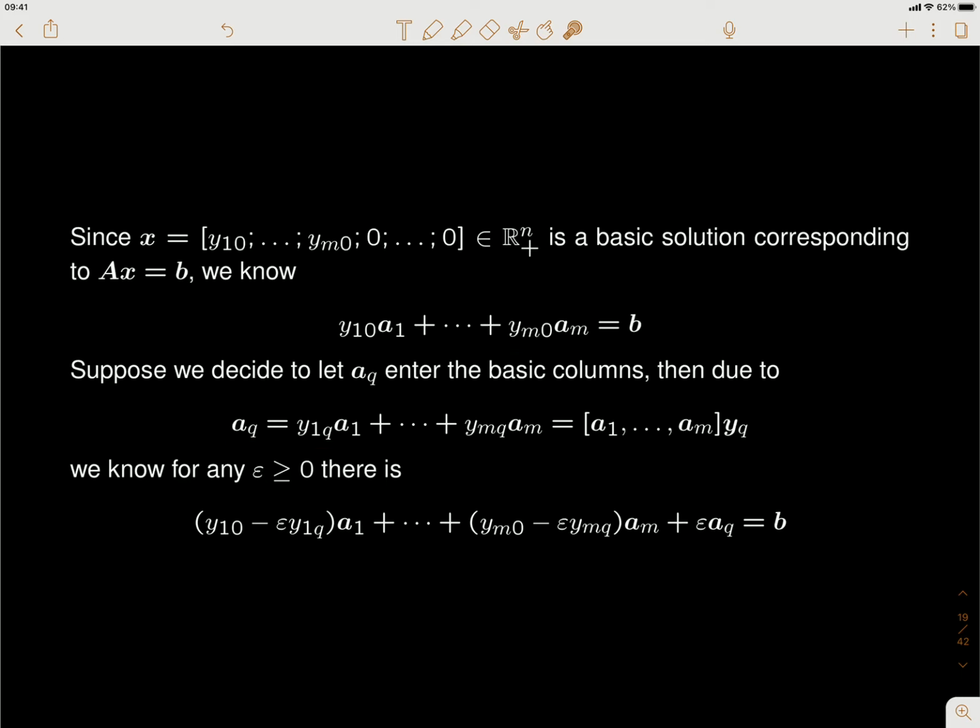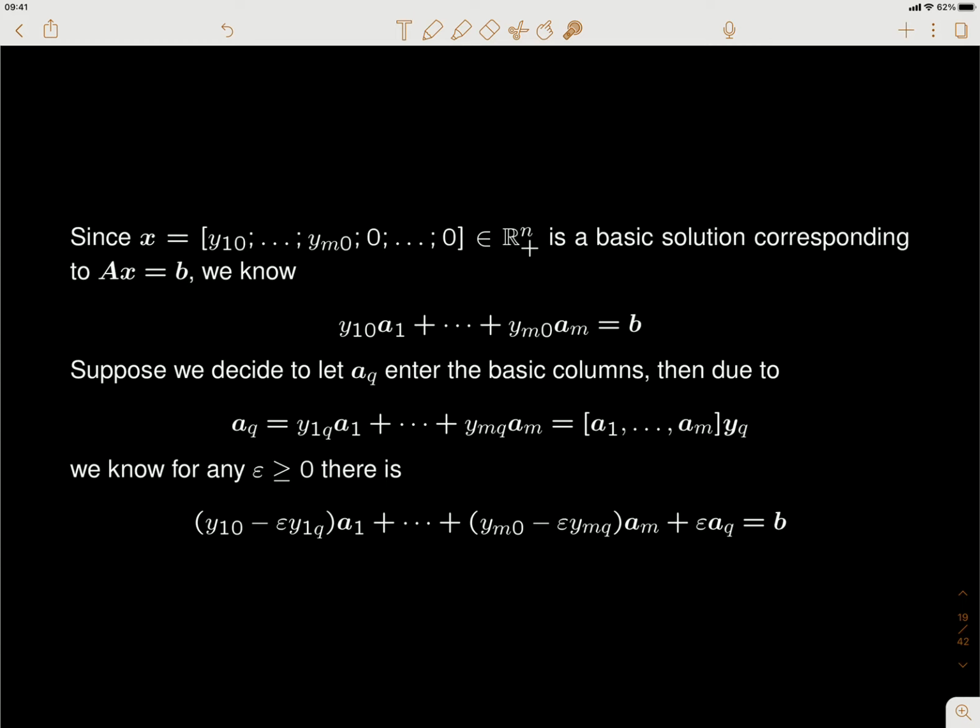So what we'll get is this minus epsilon times this, and then the second coefficient minus epsilon times the second coefficient, all the way to the last one, this one minus epsilon times this one, and that will keep the vectors unchanged. At the same time, this AQ can be moved to the right. It will become 0 on this side, and on that side I'll have AQ multiplied by epsilon, and I subtract it from this one, so I'll get this epsilon AQ. So this is just multiplying the second equation by epsilon and subtracting it from the first equation. Then I'll get this.